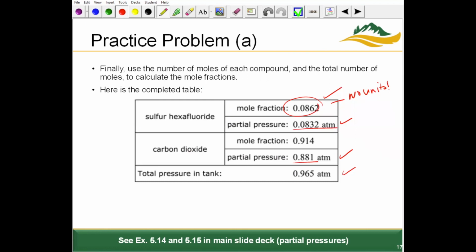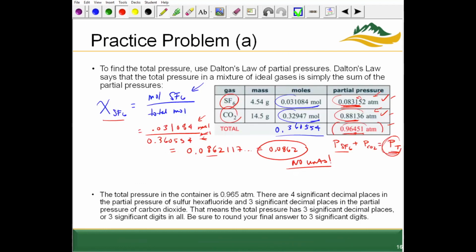Now to solve for the carbon dioxide mole fraction, we could technically take 1 minus the mole fraction for sulfur hexafluoride because that has to total up to 1. We could do it this way. We can also go through the full work, just to see. We could also take moles of carbon dioxide divided by the total number of moles to get our mole fraction for carbon dioxide.